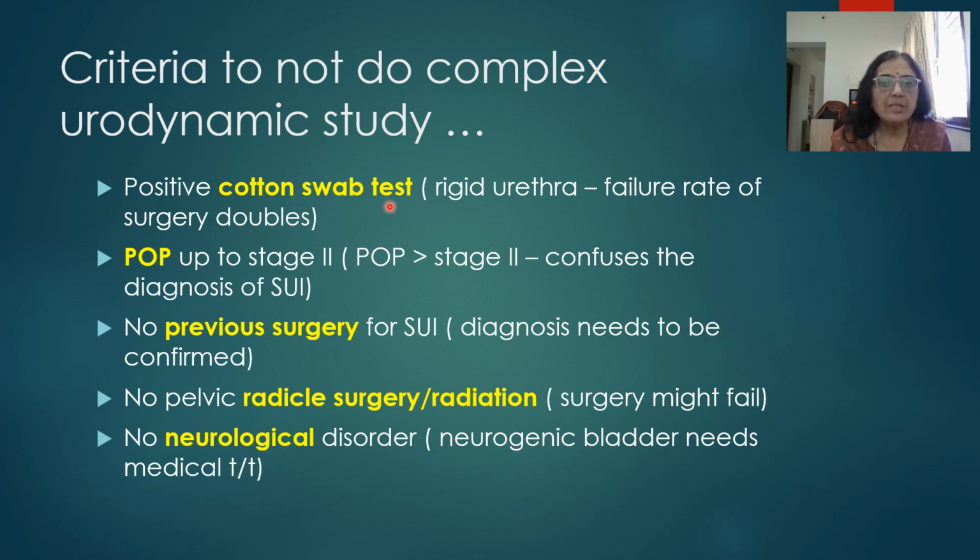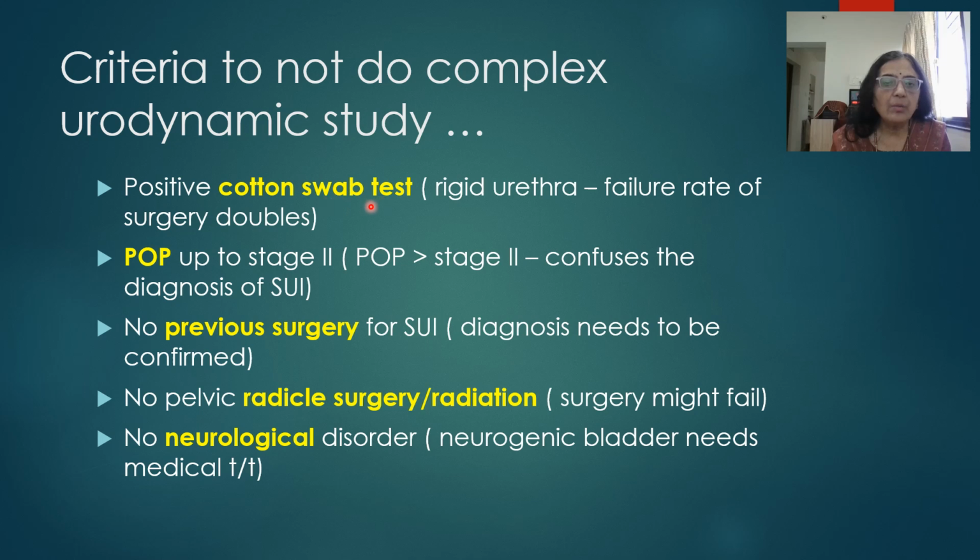If the cotton swab test is positive, then there is no need to do complex urodynamic study. Rigid urethra, if it is a negative cotton swab test, rigid urethra is associated with increased failure rate. But remember that nowadays this recommendation has been taken away by most of the latest guidelines, the American Urological Association 2023 guideline or NICE guideline 2019.